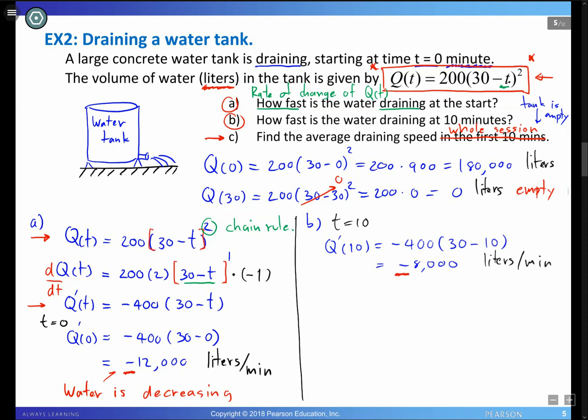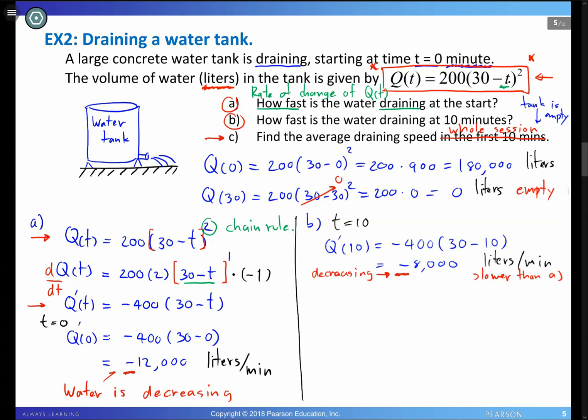So make a note: decreasing. And as you can see, compared to A, the water is decreasing slower. This one is minus 8,000 and part A is minus 12,000. So this one is slower than A. Okay, that is part B.